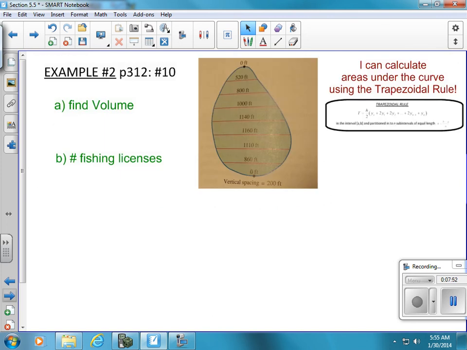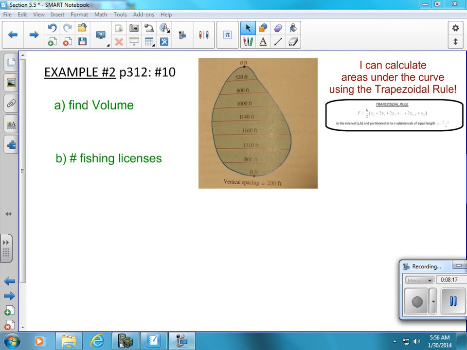This is a problem from your book, and it shows the picture of a pond, I think. And we are going to try to find out the number of fishing licenses you can issue for this. All right, so you should pause here and read problem number 10, stocking the fish pond. You're the fish and game warden of your township. You're responsible for stocking the pond with fish before the season.